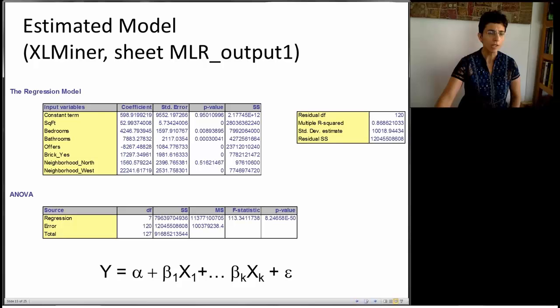And in the regression model, at the top, the table shows me the coefficients for each one of the input variables, their standard errors, and their statistical significance. On the right, I have a few values. One of them is the multiple R squared, and another one is the standard error of estimate. And these two numbers are typical in any software that you would use.